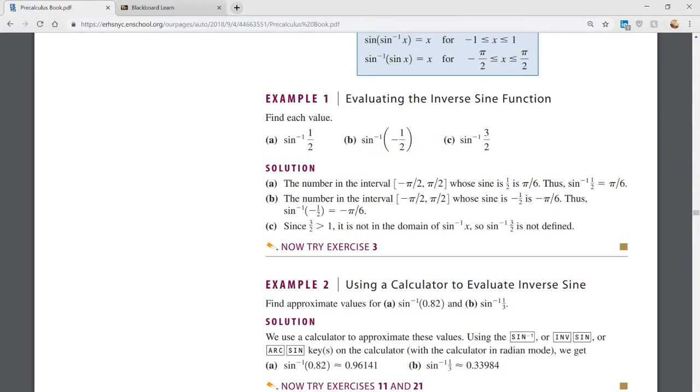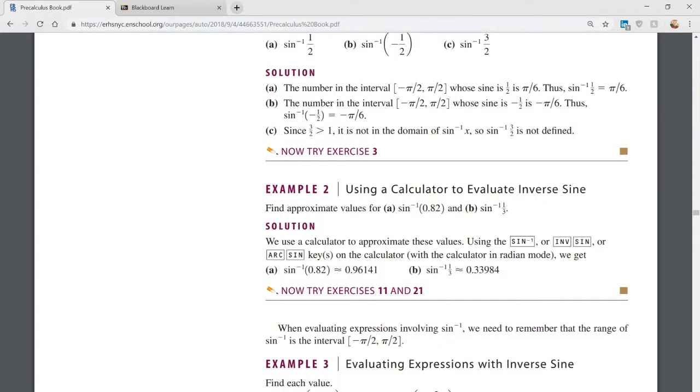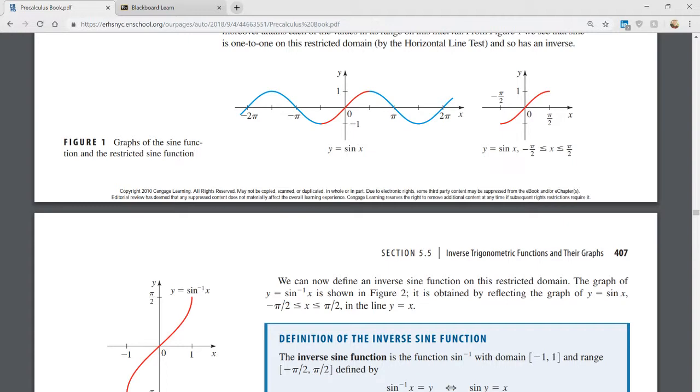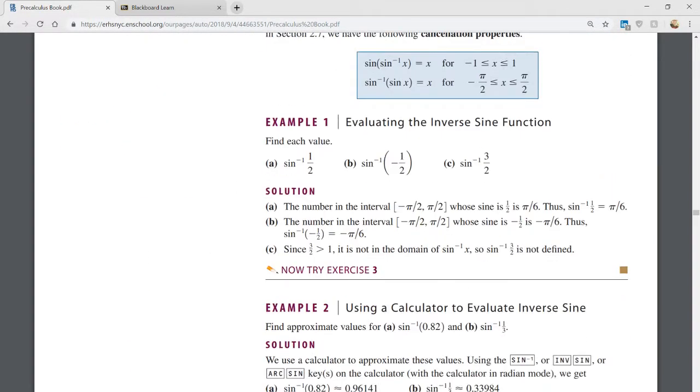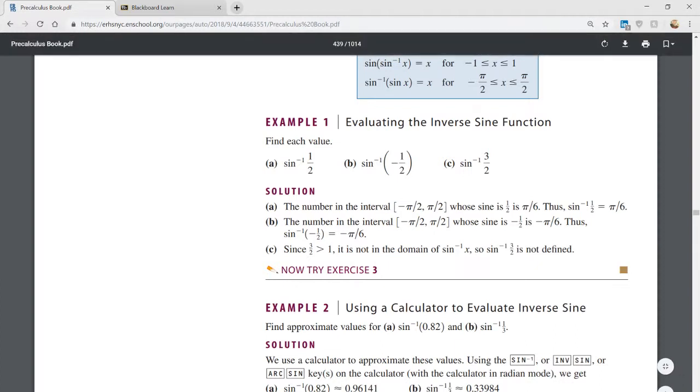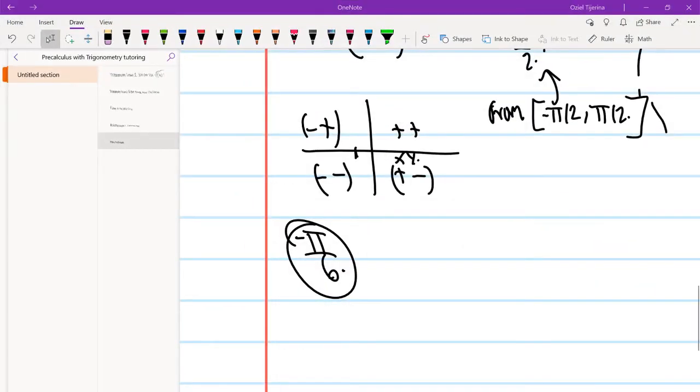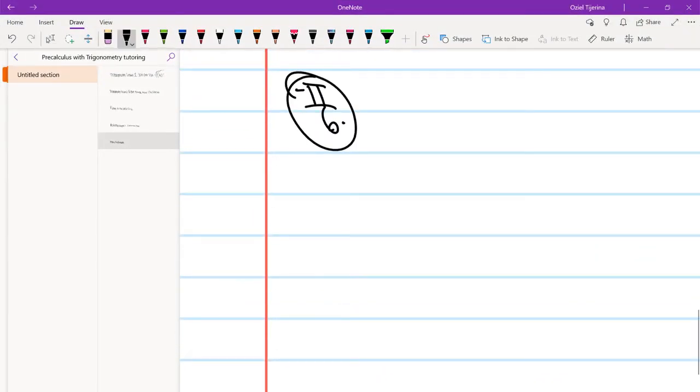If you look at sine inverse of 3/2, this is another weird one.